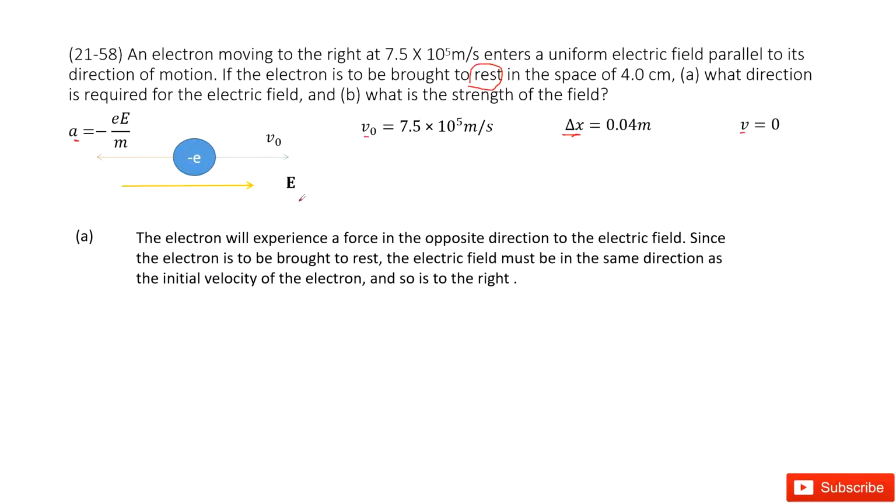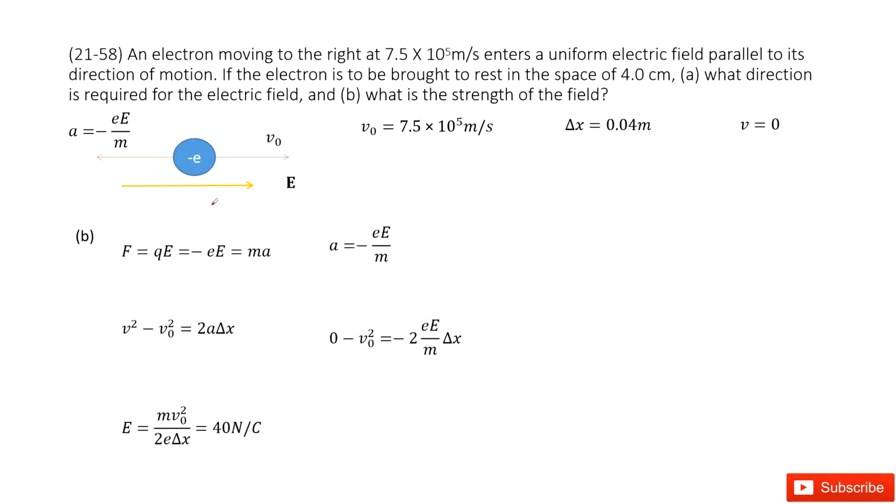So in this way, we can determine the direction of the electric field is to the right, because the acceleration is to the left, and this acceleration comes from the electric force. The electric force is the charge times the electric field, and the charge is negative, so we must make E positive, right?